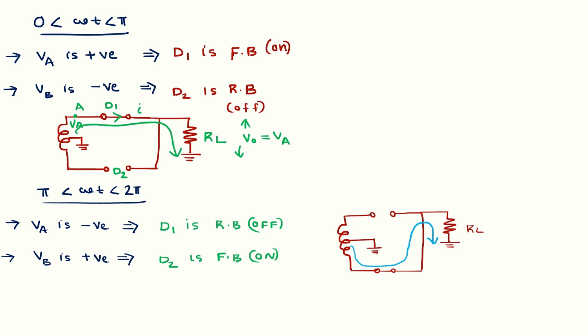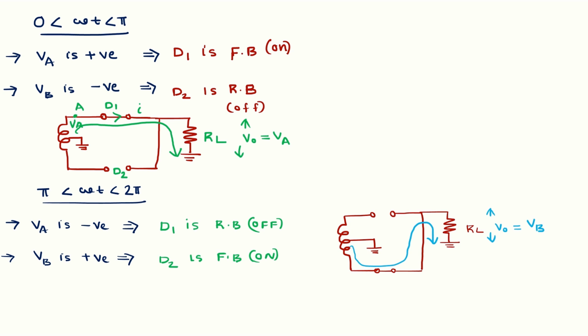So the output voltage is indicated by V0. I can write the output voltage V0 is equal to VB, because here only D2 is in forward bias mode.